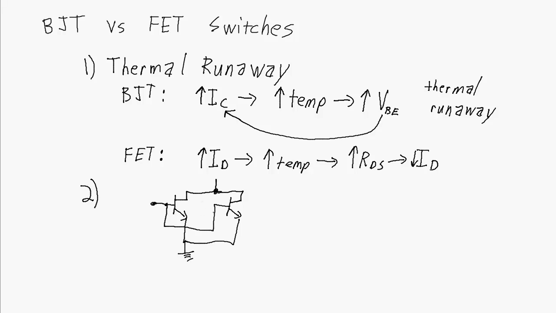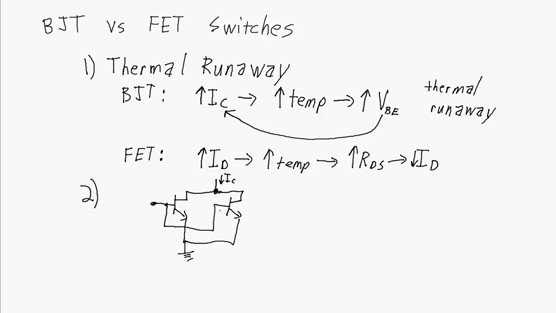The idea is that two BJTs can't sink this much current on their own. You put two in parallel, half of that current will go through one BJT, half through the other, and they won't exceed their rated current.